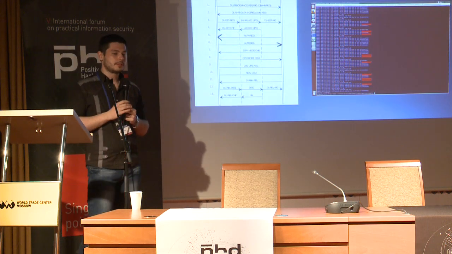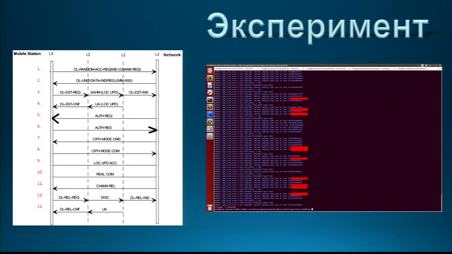So the experiment itself consisted of the following things. First of all, you take the mobile phone which has to be attacked. It has been registered with the telecom operator, and then you take out its battery. Because it has already been authenticated in the network, it has received a TMSI.